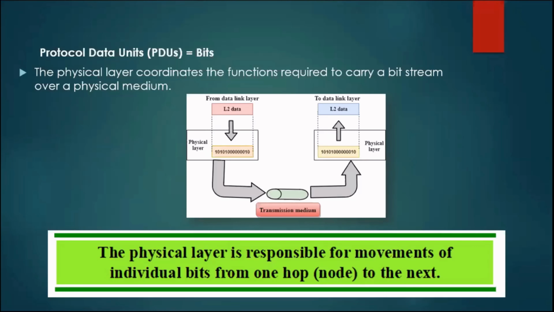So the physical layer is responsible for the movement of individual bits from hop to hop, node to node, which is one point to the next point.